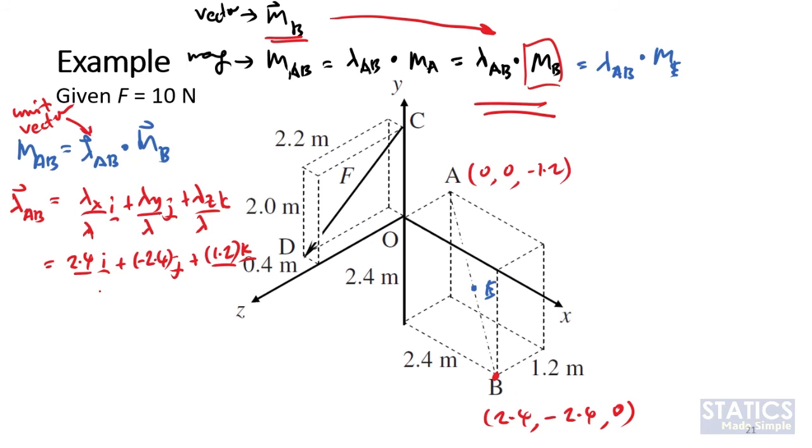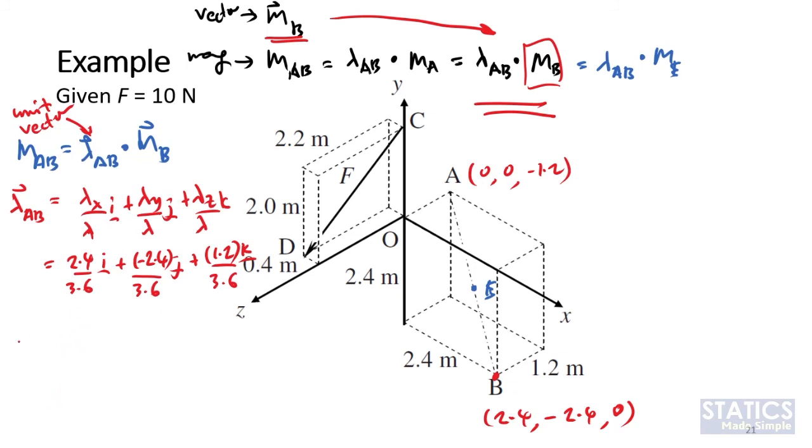And lambda is equal to 2.4 squared plus 2.4 squared plus 1.2 squared. So we have lambda equal to 3.6, right? So this is our lambda vector.